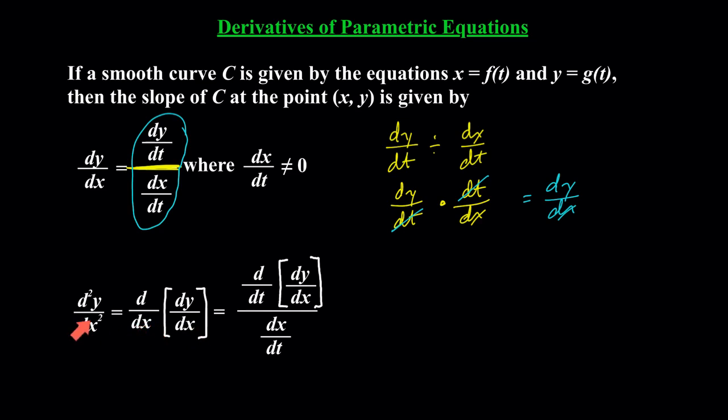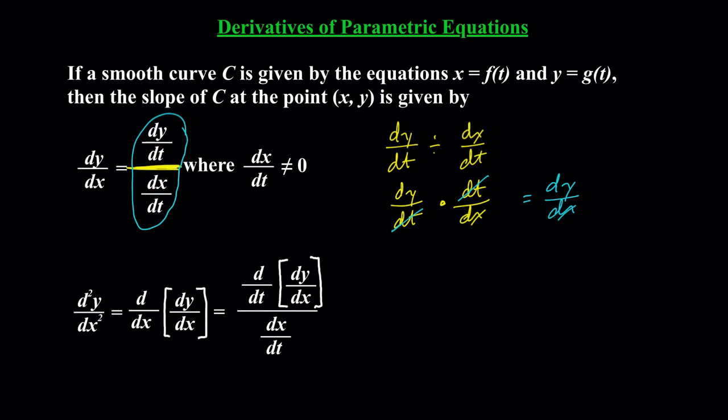So what we have to do for a second derivative is take the derivative of dy/dx. Now what this is going to give us is some equation in terms of t, because this, for example, would be an equation in terms of t. This would be an equation in terms of t. And so that means dy/dx is going to be in terms of t. It's going to have a t variable in here, in other words.